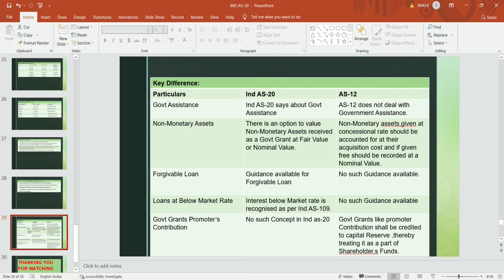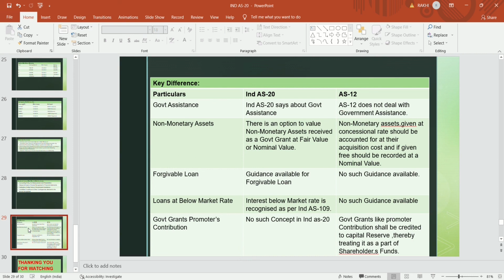There is no guidance available in AS 12 related to government assistance. So in Ind AS 20 only the government assistance part came, the guidance is available in Ind AS 20 only. There is no guidance in AS 12 related to government assistance.